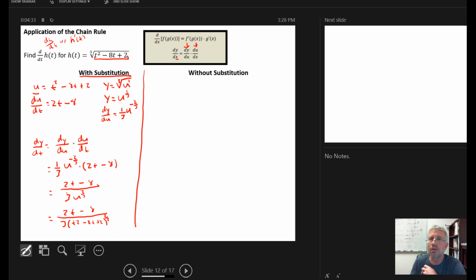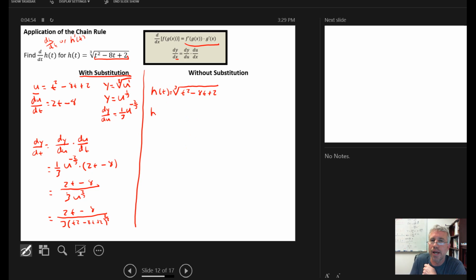So I could do it without substitution as well. I could think about it more like this. So I've got h of t equaling the cube root of t squared minus 8t plus 2.